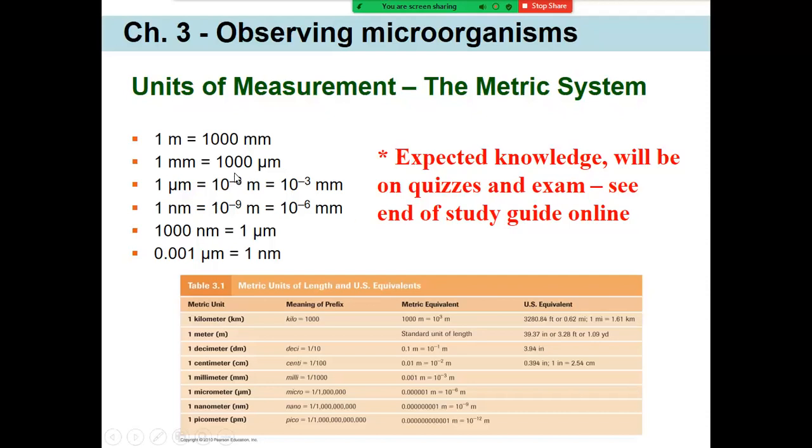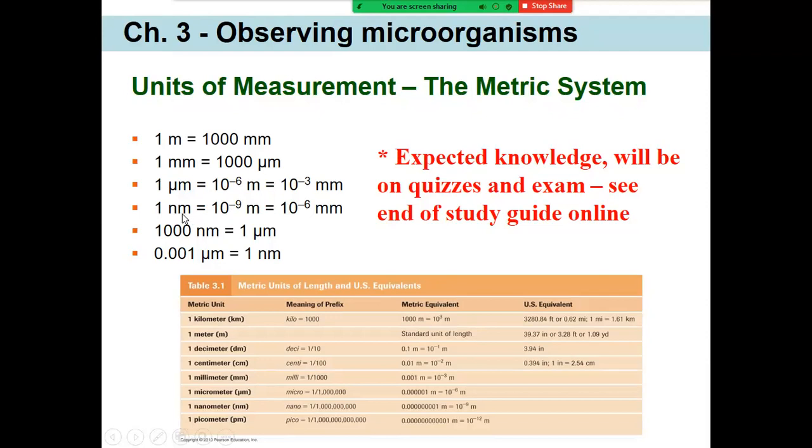So you should know that 1 meter, sorry, I said millimeter, is equal to 1,000 millimeters. And then 1 millimeter is 1,000 micrometers, or 1 micrometer is 1/10⁶ meters, meaning a negative exponent.